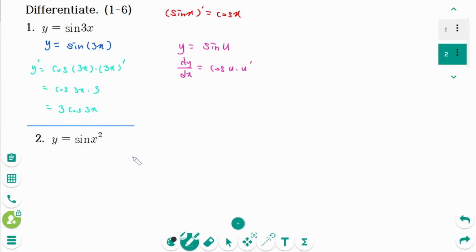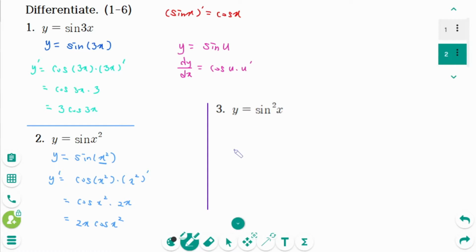Number 2, we can rewrite as y equals sin (x squared). Think of it as u, then y prime equals cosine u times u prime. Then inner function is x squared. Then cosine x squared times (x squared) prime equals 2x. We can rewrite as 2x cosine x squared.